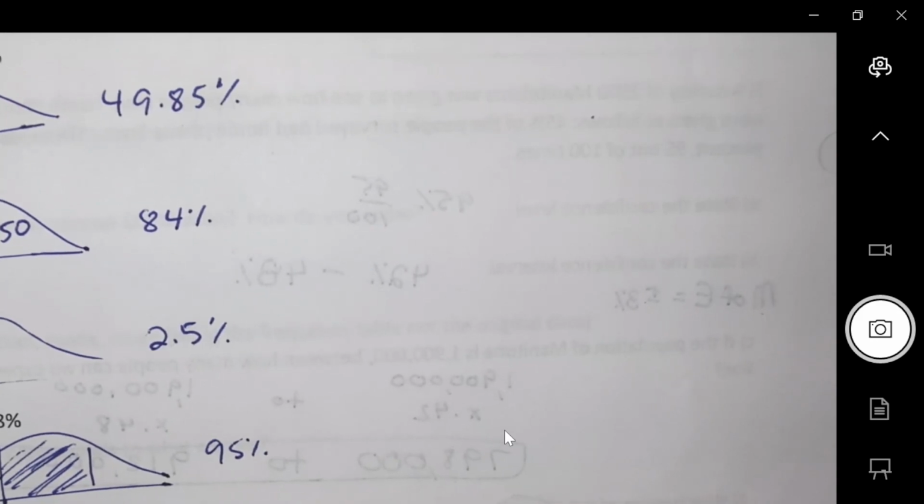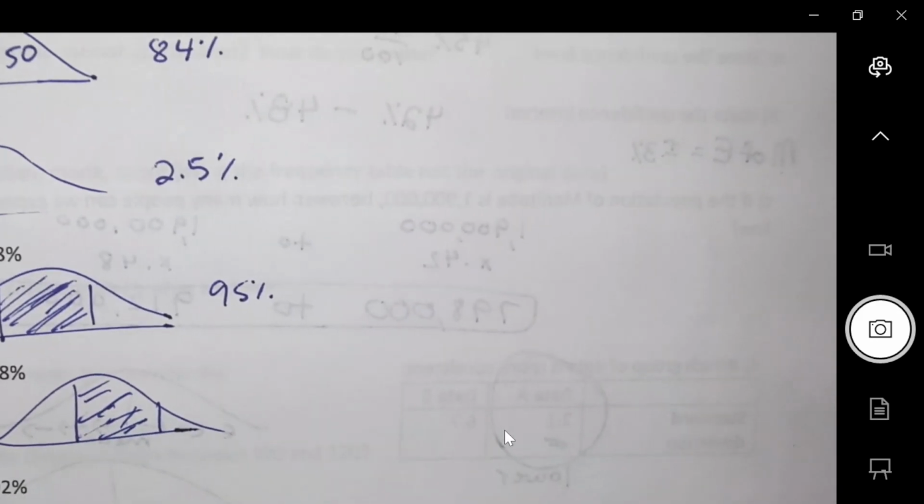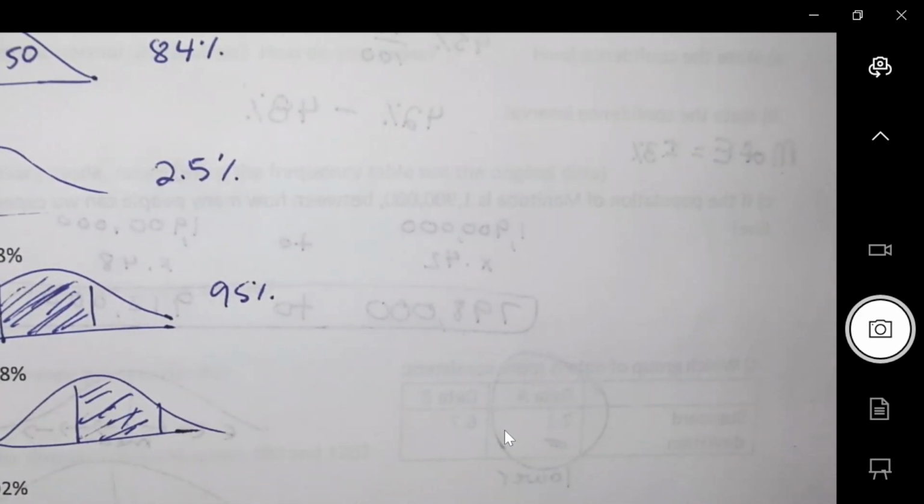Okay, we have a 76 and 88. What's the chunk between 76 and 88? Didn't we just do that? No, we did 72. What did you get?